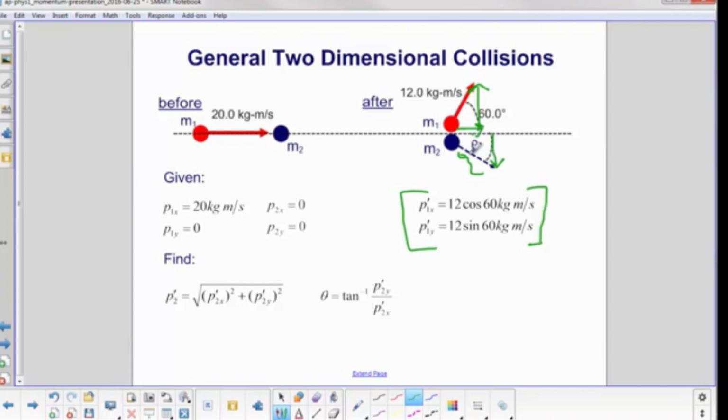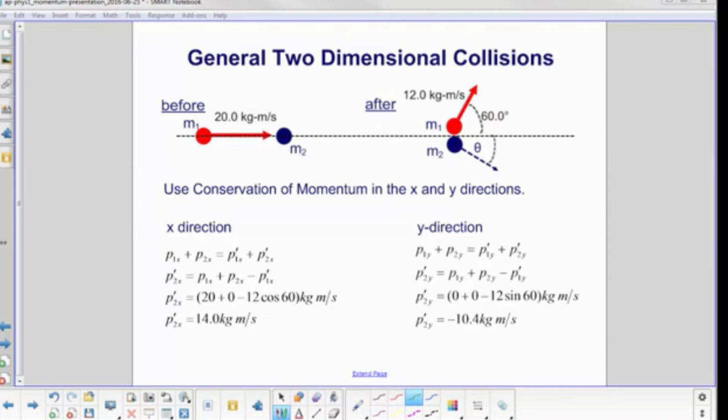So to find the magnitude of the hypotenuse, we just use Pythagoras here. And you can see how we have the primes indicating this is the final momentum. To find the angle theta, we just use the arctan function. It's equal to the magnitude of this side, opposite, over adjacent. And the adjacent side is the x component. And here we have the equation we're going to use to find theta.